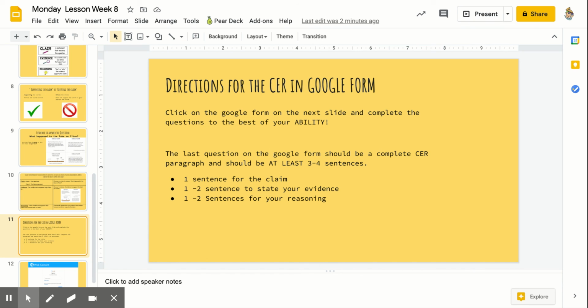Putting it all together means you're going to write a complete paragraph that includes your claim statement, your evidence statements, and your reasoning. Again, this complete paragraph is going to be at least 3 to 4 sentences. It can be longer, but at least 3 to 4. Please let me know if you have any questions.